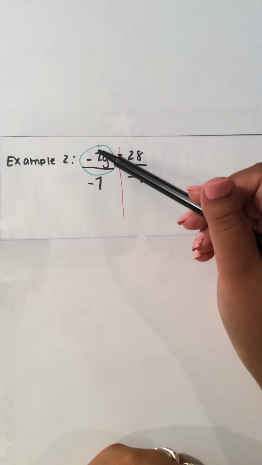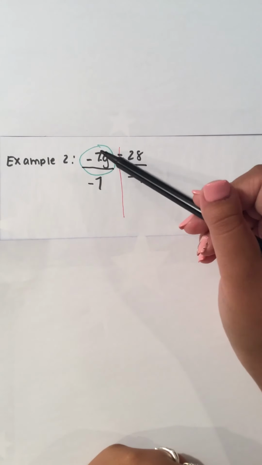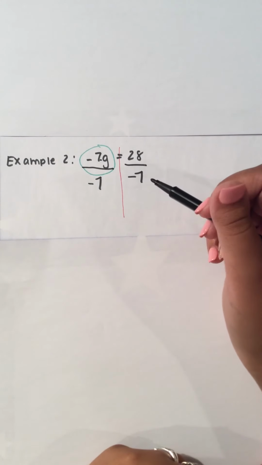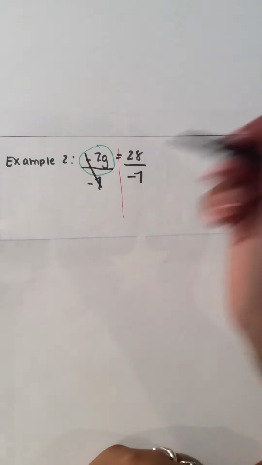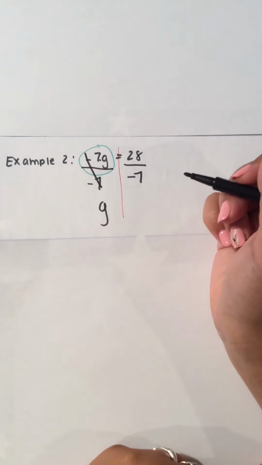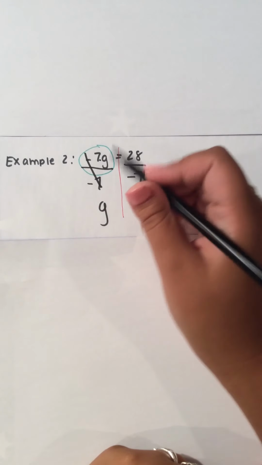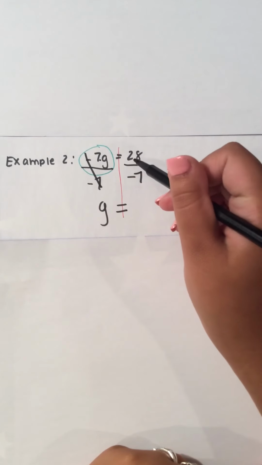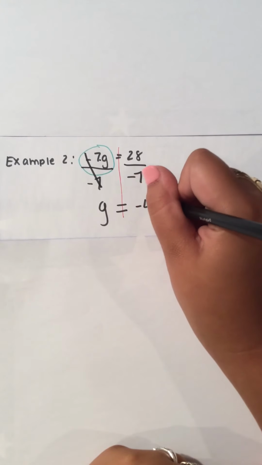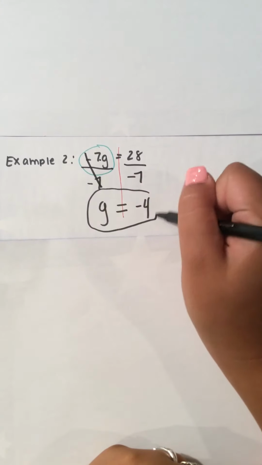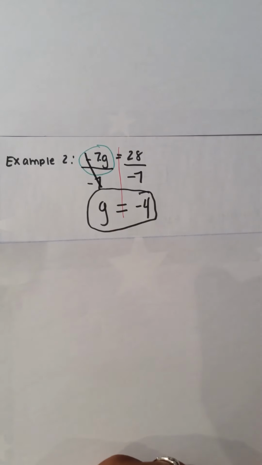On this left-hand side, negative 7 divided by negative 7 is 1. So that's going to go bye-bye. They're going to cancel, and I'm going to be left with just g. And then on this side, I'm going to have 28 divided by negative 7, which is negative 4. So g equals negative 4.